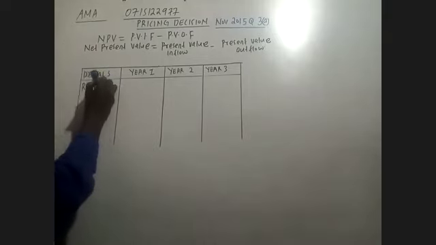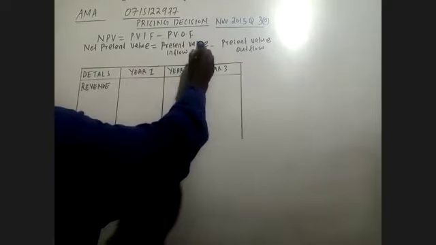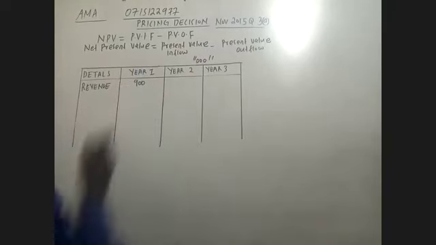Marketing and distribution, 5 million. We also have manufacturing cost. That is per unit.